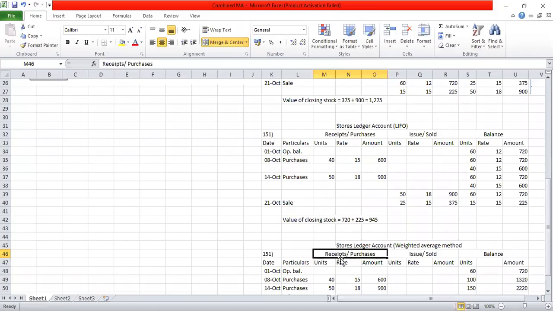We will work out questions on economic order quantity because that is also what we learned yesterday. So let's take it up.